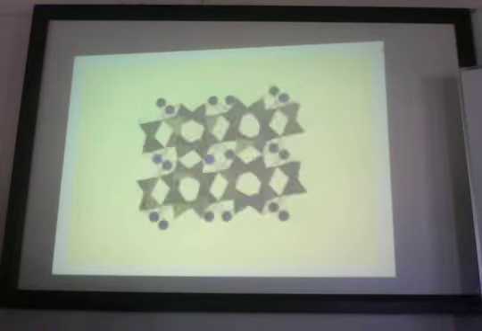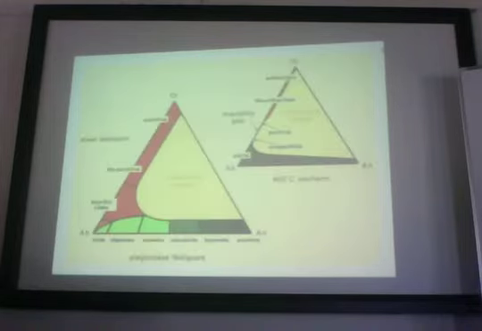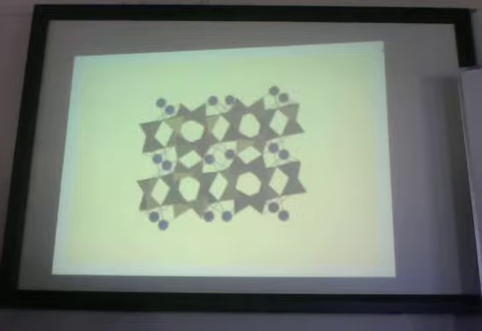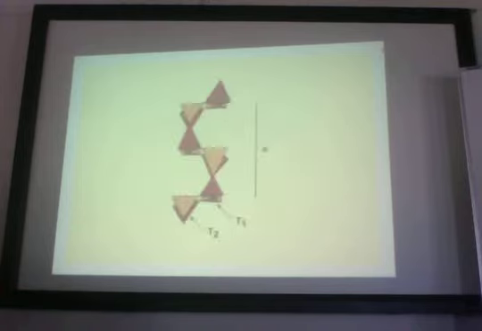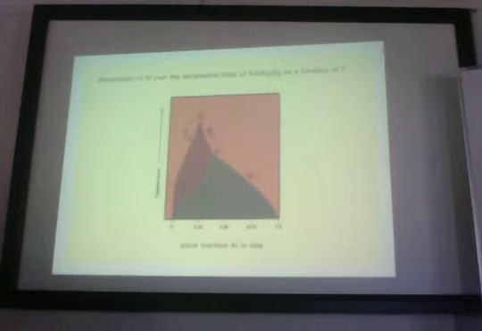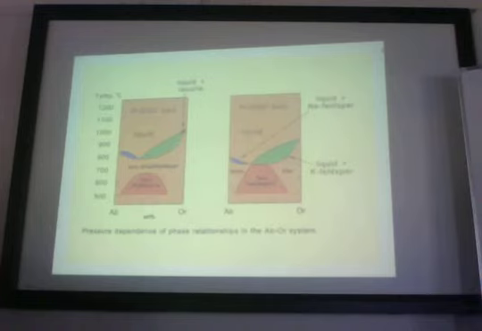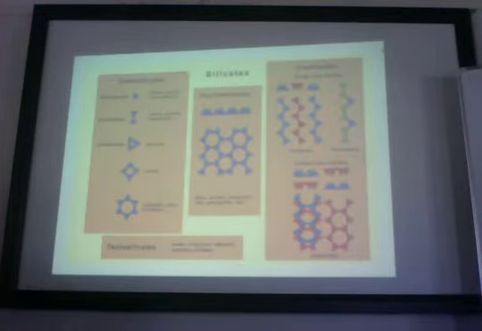You have the A place, that is the interlayer, the M1, M2, M3 places, then you have 7 octahedron spaces, here you have the 8 tetrahedrons and the OH22.